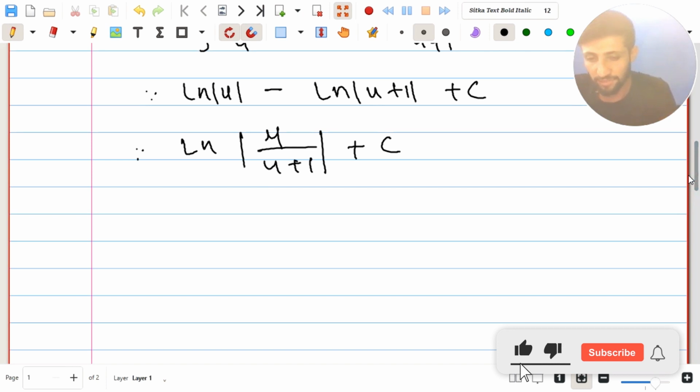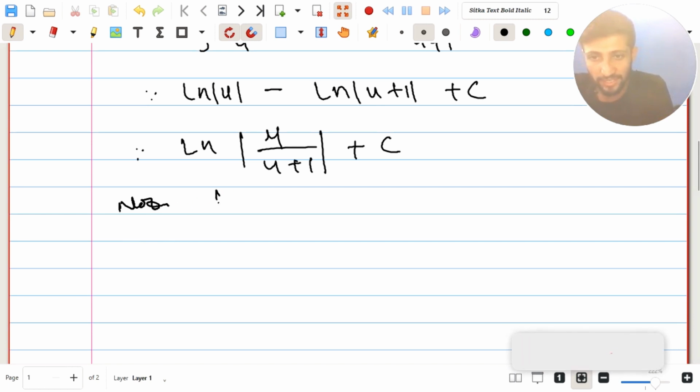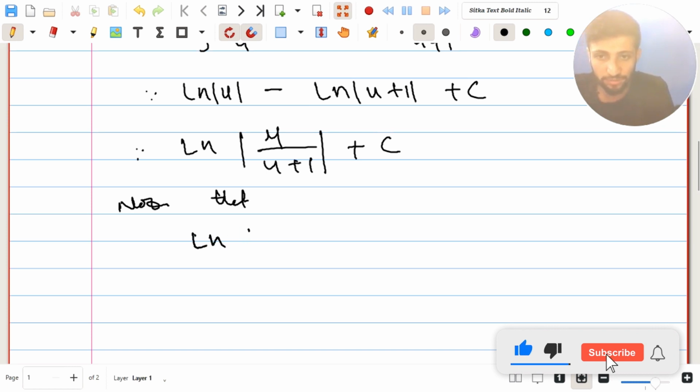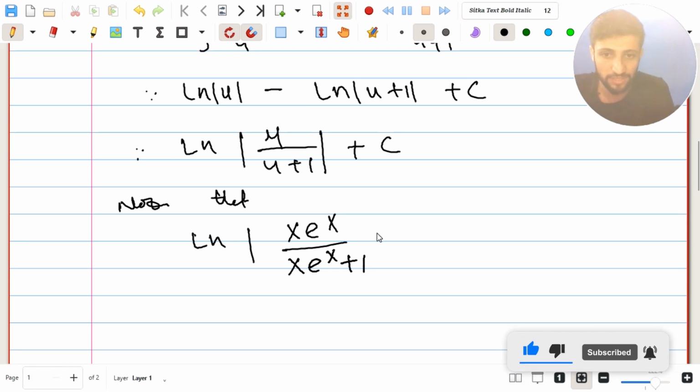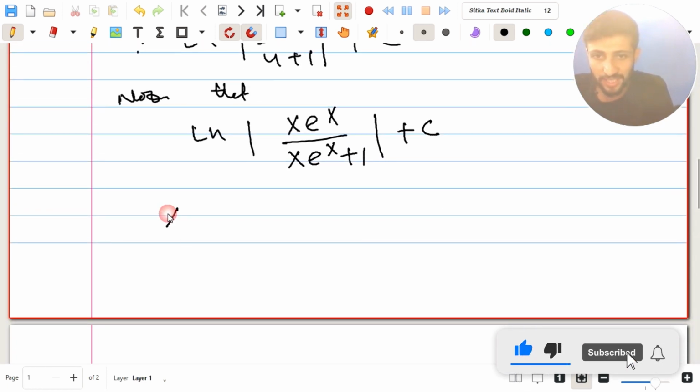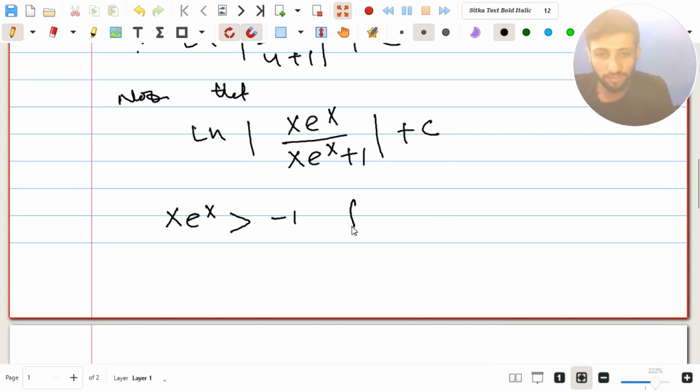Now if we want to go into the depth of this integral, I can simply note that u is equal to x e to the power x. Just substitute the values: ln of x e to the power x divided by (x e to the power x plus 1) plus c. Now see that x e to the power x is greater than minus 1 for all x.